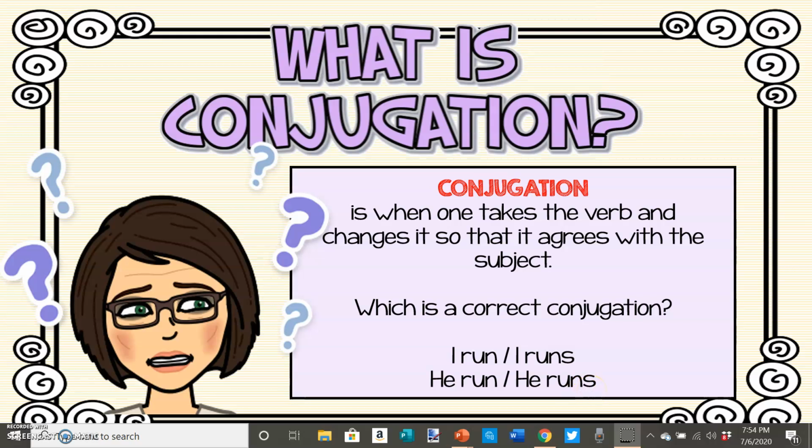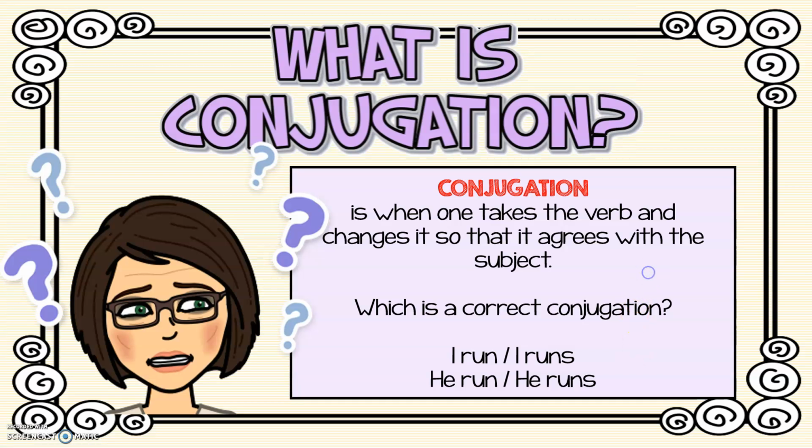Which one is the correct conjugation? He runs. We changed the verb by adding an S on here. That is called conjugation, when you change the verb so that it sounds right with the subject. And so that's what we're going to learn how to do. We're going to learn how to conjugate German verbs so they sound correct with the subject.